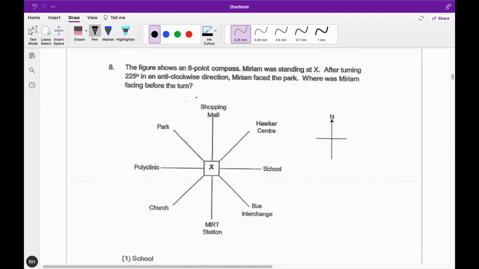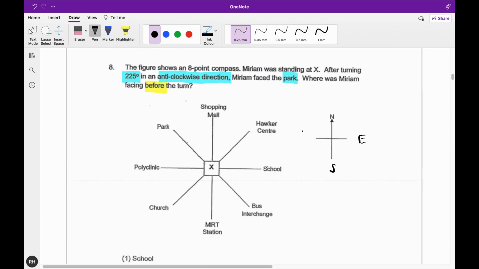Question 8. The figure below shows an 8-point compass. Miriam was standing at X. After turning 225 degrees in an anti-clockwise direction, Miriam faced the park. Where was Miriam facing before the turn? So we want to find before. So let's revise now.